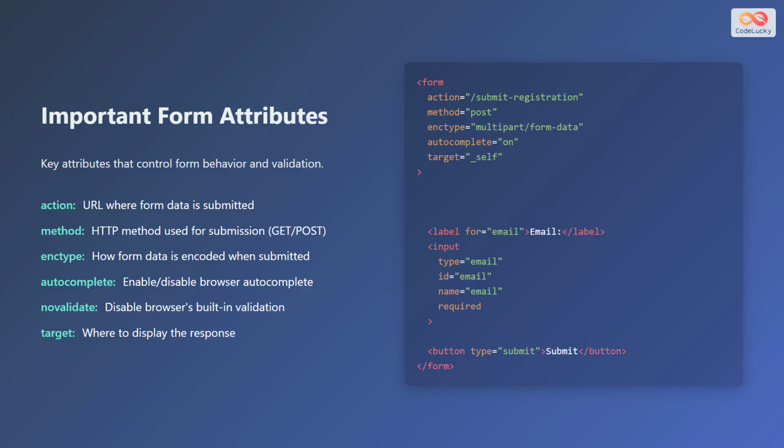Next, we have the autocomplete attribute, which enables or disables browser autocomplete. Next, we have the novalidate attribute, which disables the browser's built-in validation. And finally, we have the target attribute, which specifies where to display the response. Here is an example of the code showing how to implement these attributes.